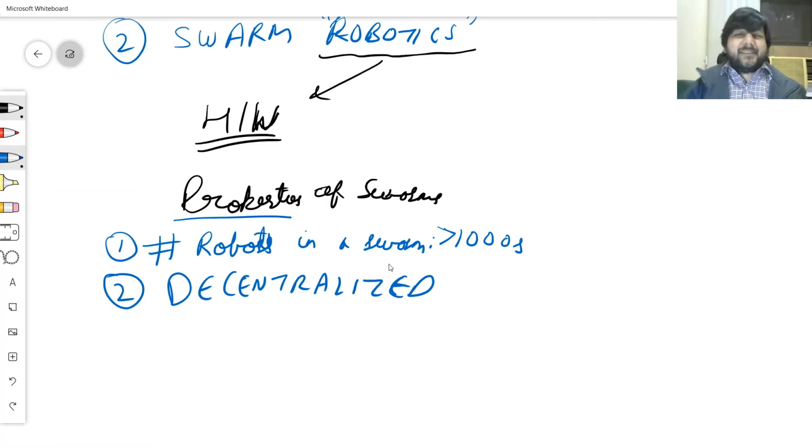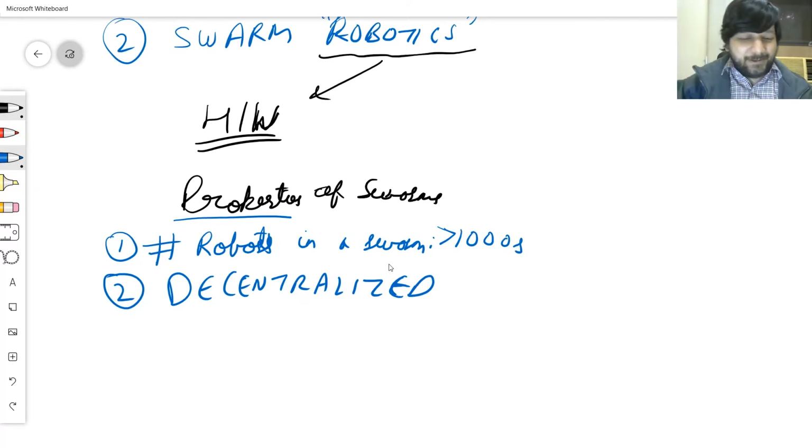So decentralized, we say every robot makes its own decision. Nobody's a leader. I mean, this institute is actually a mix between centralized and decentralized, but seen from a global level, it's centralized. So we all report to the director, who makes decisions and tells us what to do. Of course, at the micro level, we are decentralized.